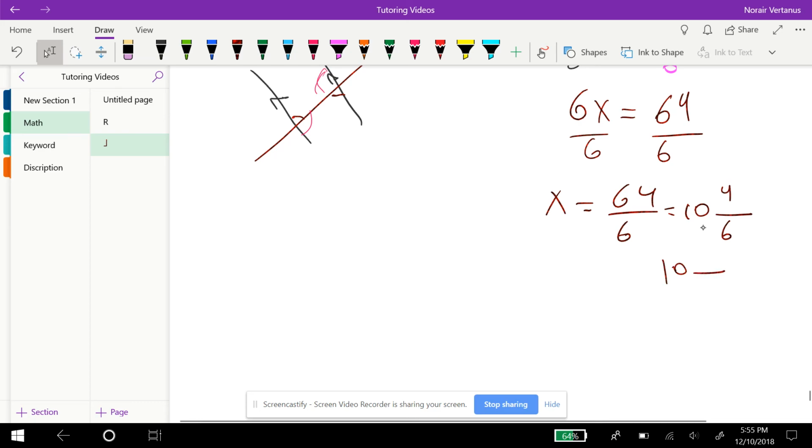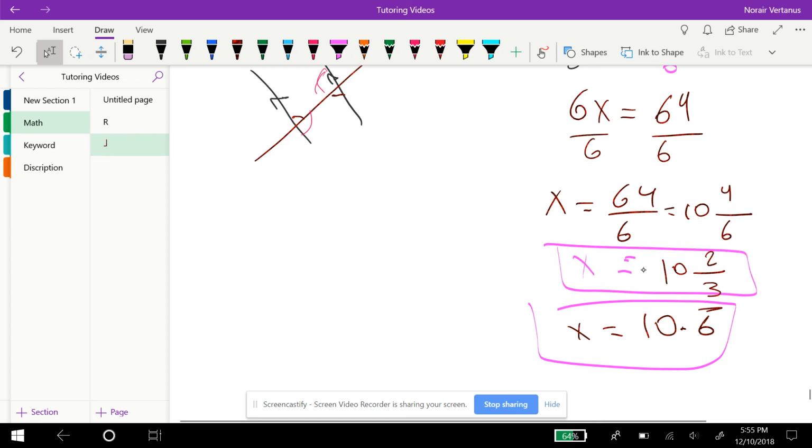That's same as 10, and if you simplify it, 4 over 6 is going to be 2/3. They're both divisible by 2. And if you want to change it to decimal, 10 and 2/3 is 10.6 bar, repeating. So x equals, all of these can be the answer. This and this. All right.